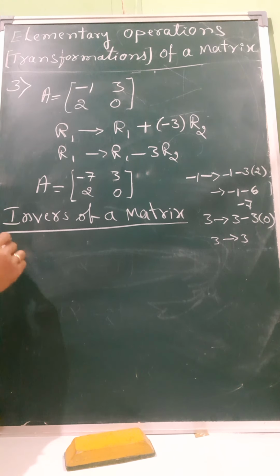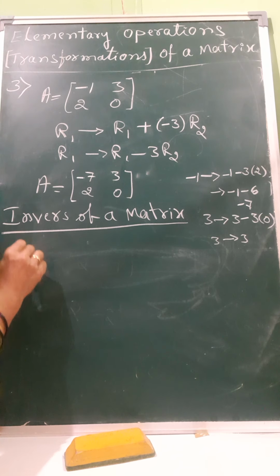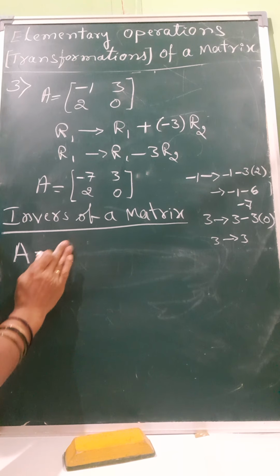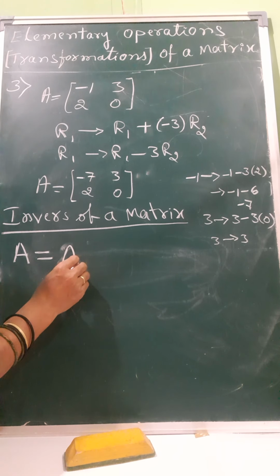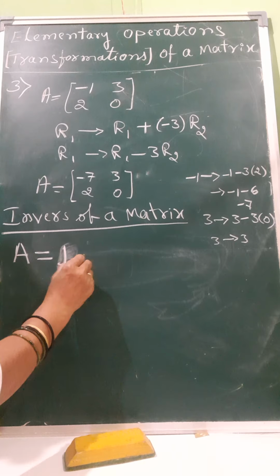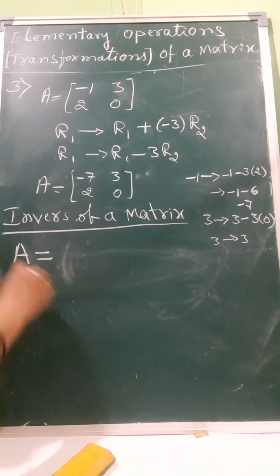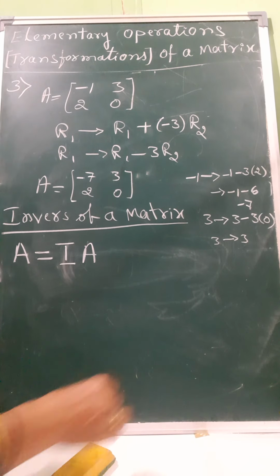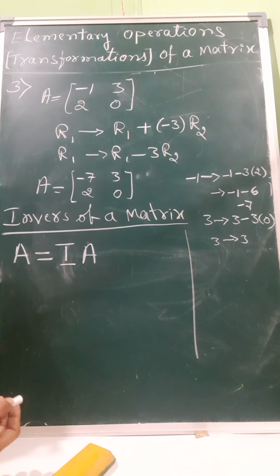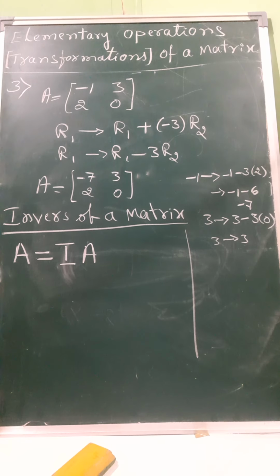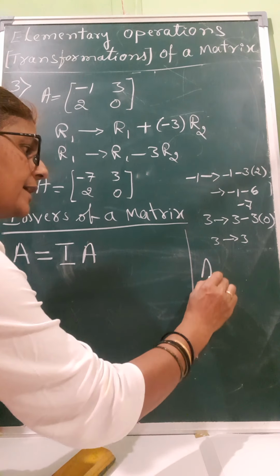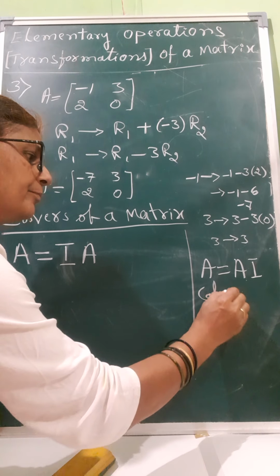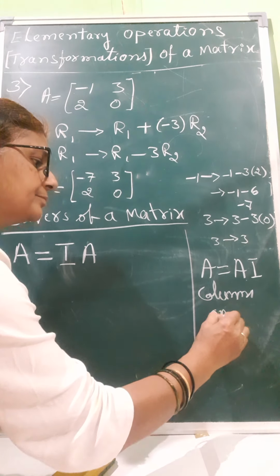In the row operations, the given matrix A can be written as A equal to I into A. If we want to do the column operations, we write A is equal to A into I. This is for column operation.